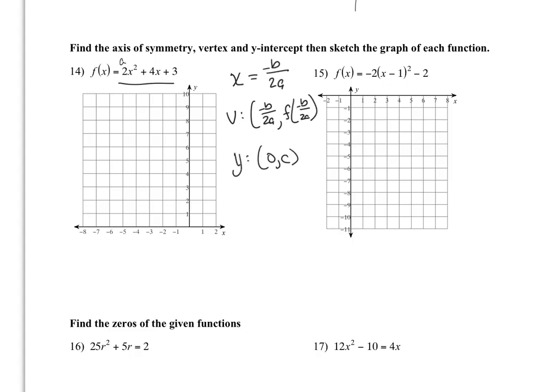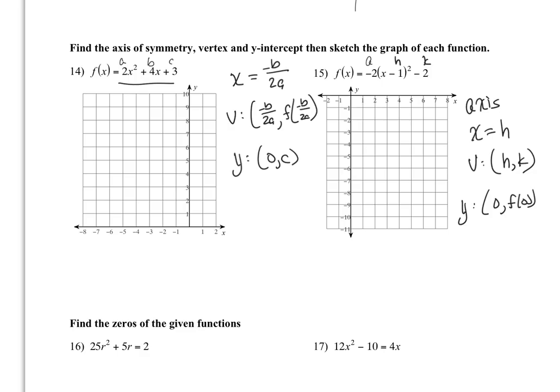And remember, we have A, B, and C. For vertex form, which is the other one, we have A, H, and K. Remember, my axis is x equals h. My vertex is (h, k). And my y-intercept is just found by plugging in 0. And then, of course, you can graph those as well.